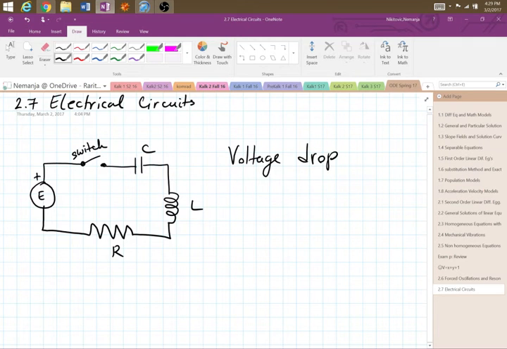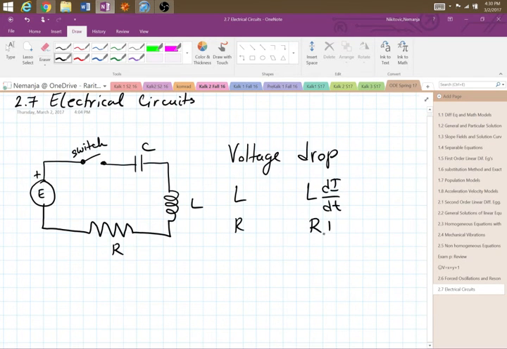That voltage drop is given for the inductor L as L di/dt. For a resistor, R, it's just R times I, no calculus involved. And for the capacitor C, it's 1 over C times the charge Q. So this is what we have.